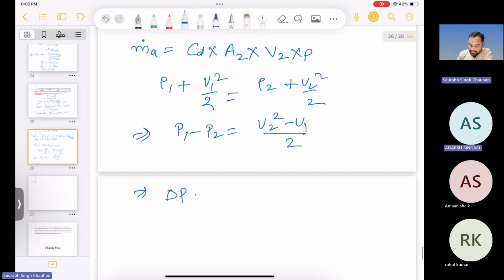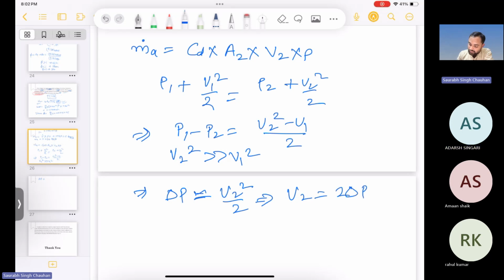So delta P is equal to, one more approximation you can make, that since the throat area is very small, V2 square is very much greater than V1 square, right? So delta P will be approximately equal to V2 square by 2, right? So V2 you can take as under root of 2 times delta P.